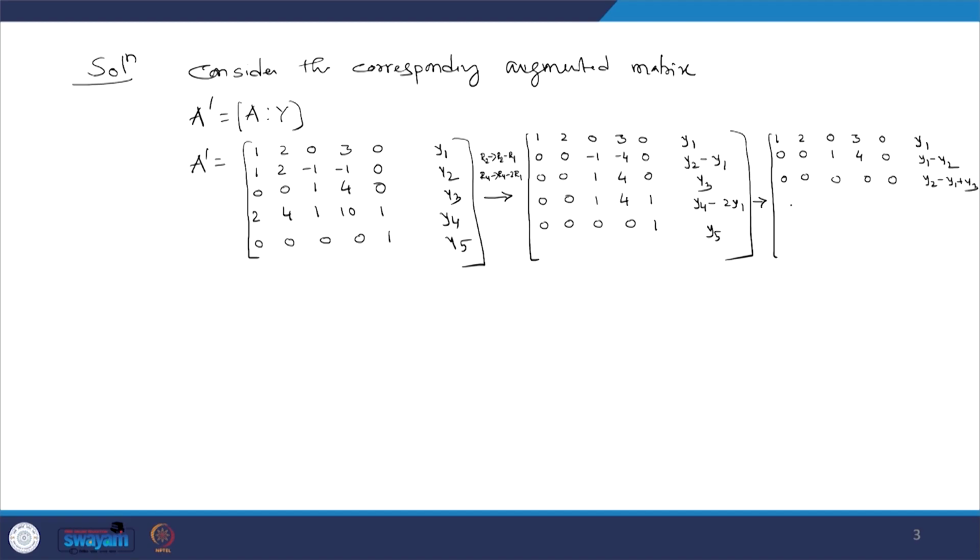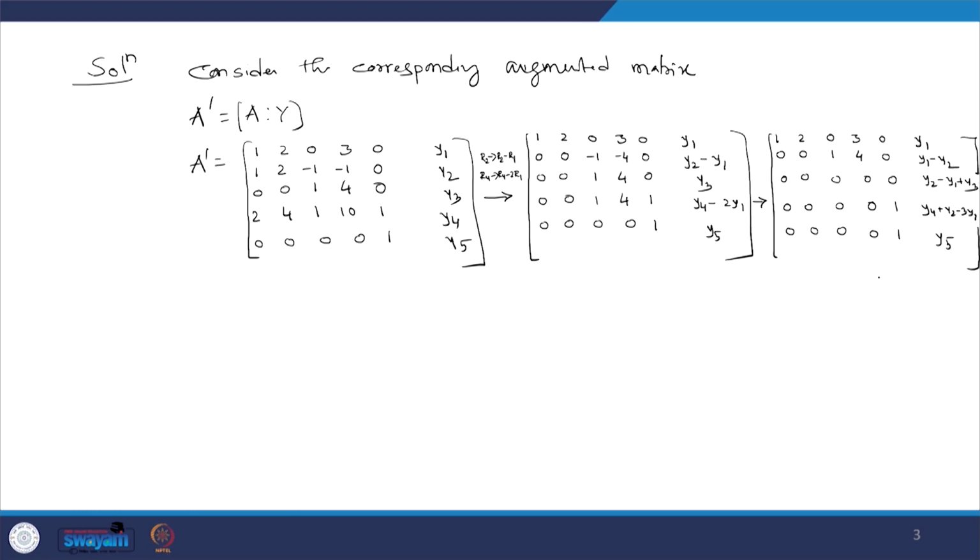Similarly, if I replace R4 by R4 plus R2, then I am getting 0, 0, 0, 0, 1, y4 plus y2 minus 3 y1, and the last row will remain as it is, y5. We see it is still not a row reduced echelon matrix.